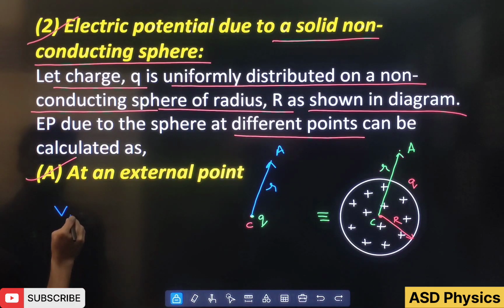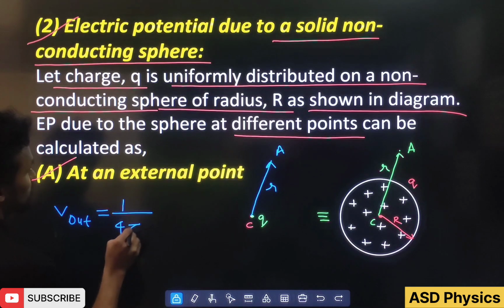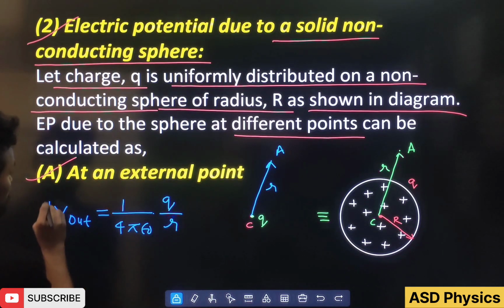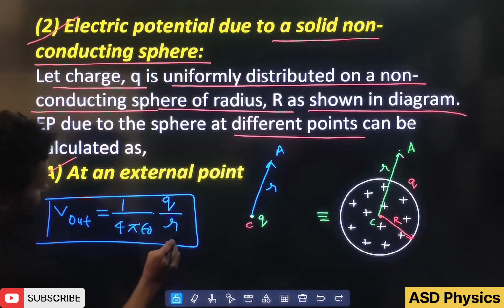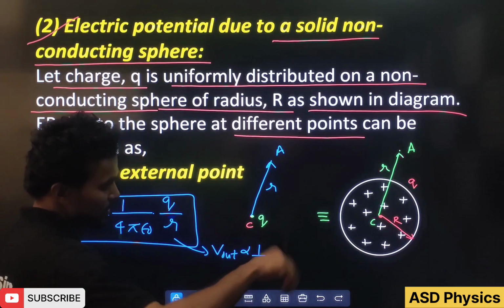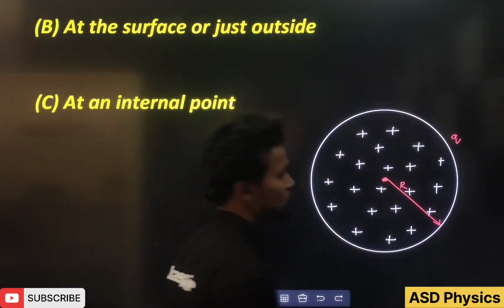So potential outside, or at point A, is given by 1 by 4 pi epsilon naught into Q by r. And from here you can see this V out is inversely proportional to r. When you go away, potential will keep on decreasing, and at infinity it will become 0.